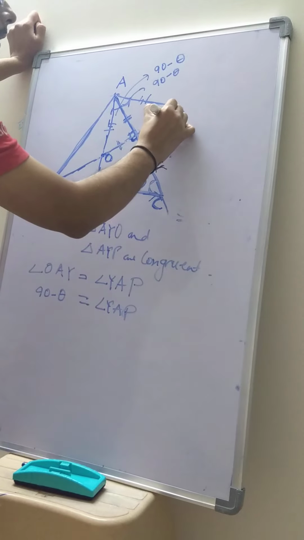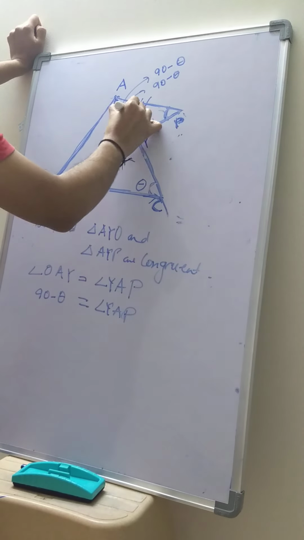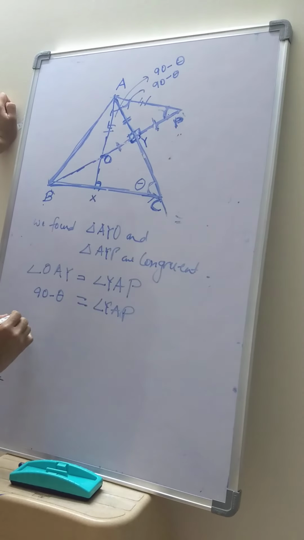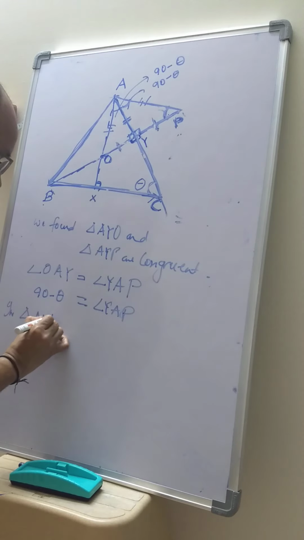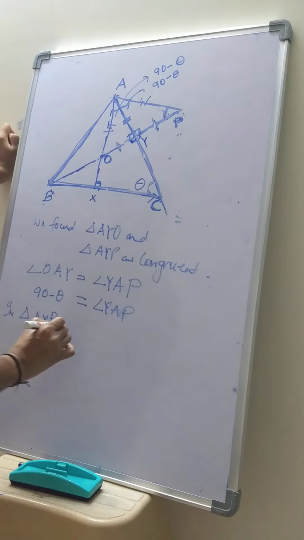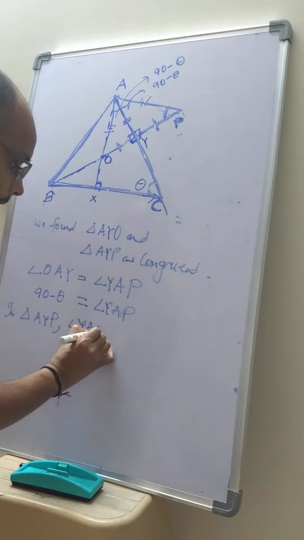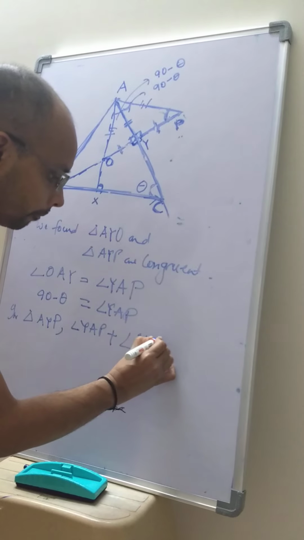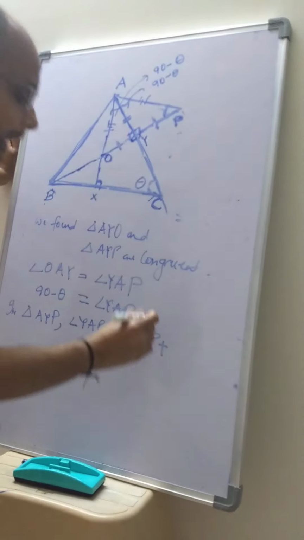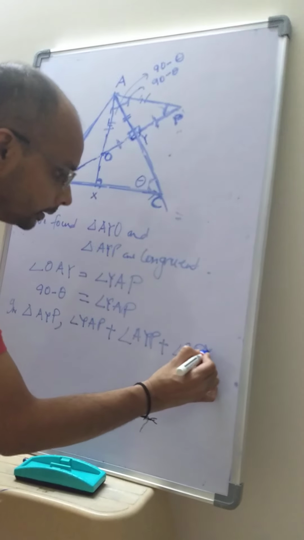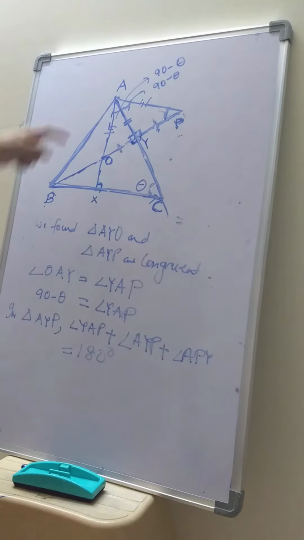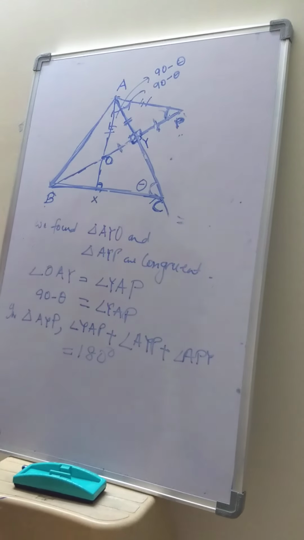So what is this angle? Easy. The sum of the three angles in a triangle is always 180 degrees. So in triangle AYP, angle YAP plus angle AYP plus angle APY is equal to 180 degrees.